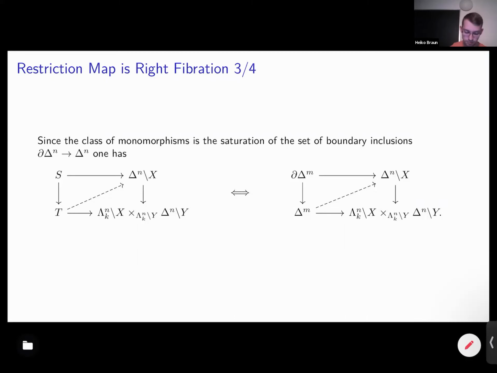The step is that instead of considering the problem for all possible monomorphisms, it just suffices to consider it for the generating ones, and these are the boundary inclusions. So it suffices to just solve these lifting problems. Now it's much easier since there's no general S and T anymore.